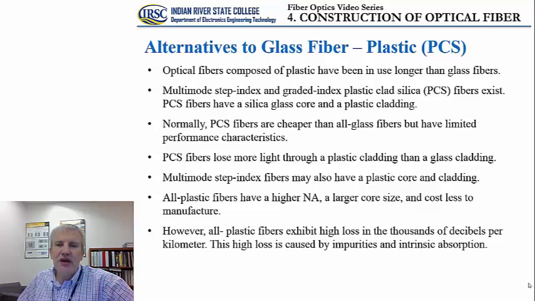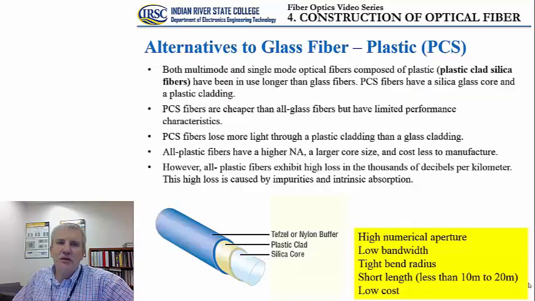Usually we are talking about applications where the distances are really short, so we just need to move from point A to point B that's just a few feet apart. That's where these types of fibers based on plastic are going to find their application.